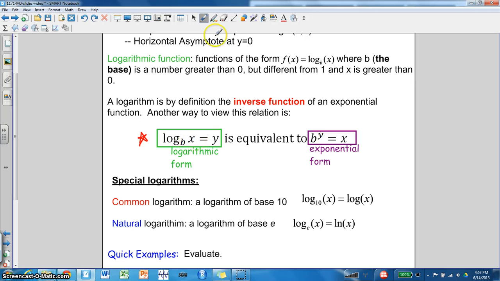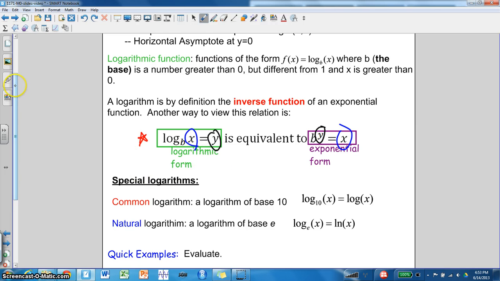But if we look at where the x's are and where the y's are, they switch. One property of inverse functions is that the domain and range values switch. So whatever the input is in the logarithmic form, in its inverse function it needs to be the output, and vice versa for y.